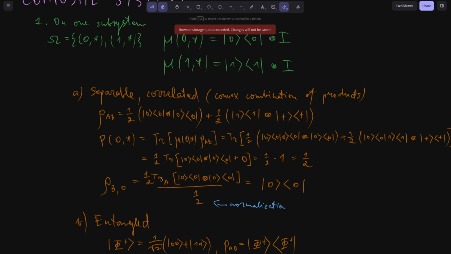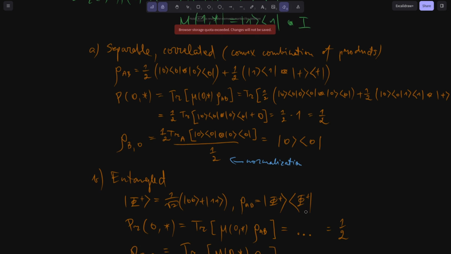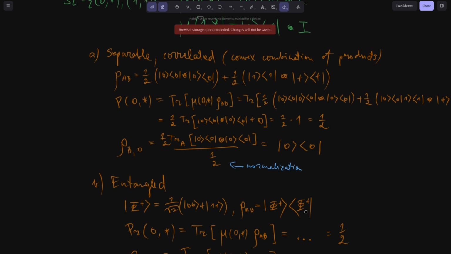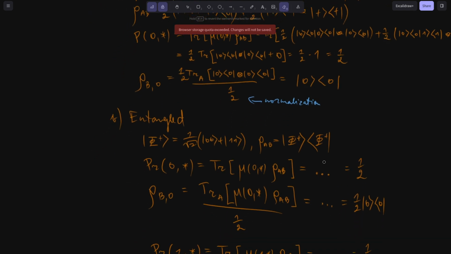And the partial trace is 0, 0. These cancel out, and this is the state we are left with. So if we measure 0 on the A subsystem, then on the B system we get the 0 state, and the probability for that is 1/2. We're not going to discuss the other measurement, it's a bit too much.